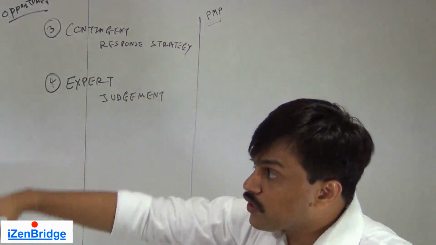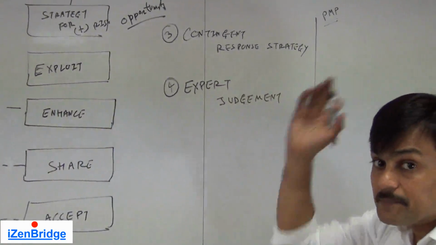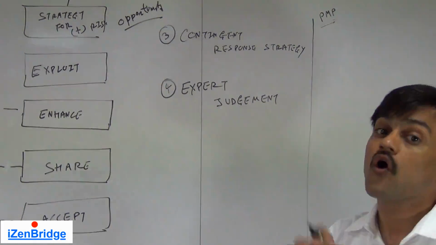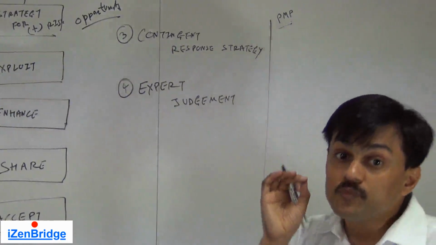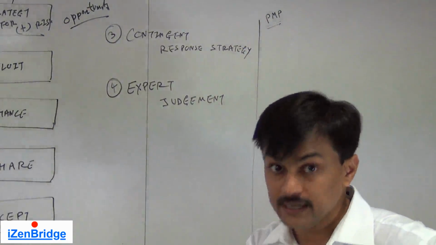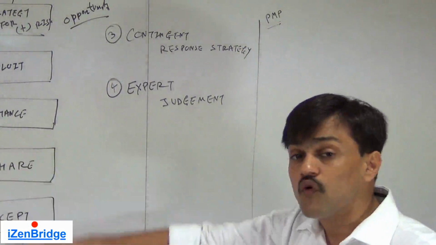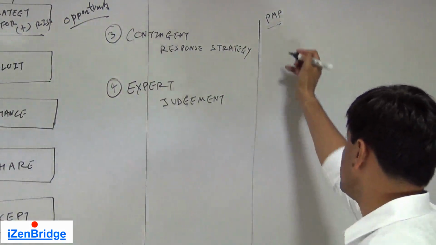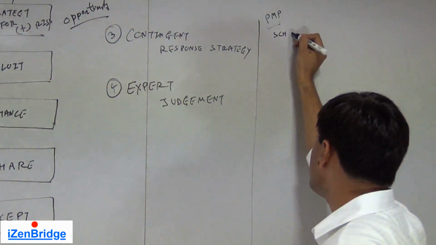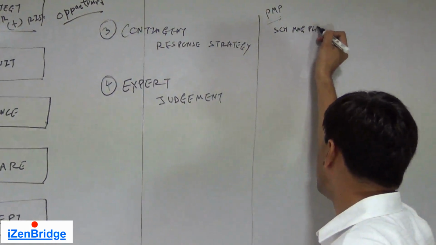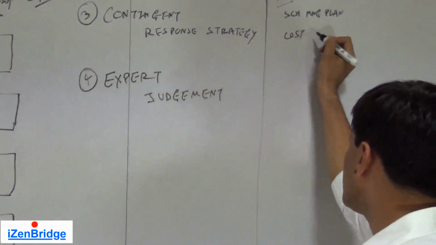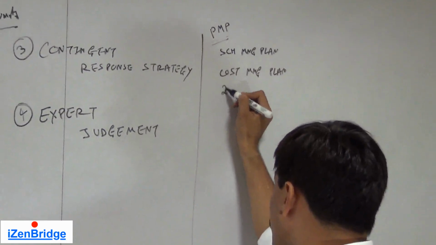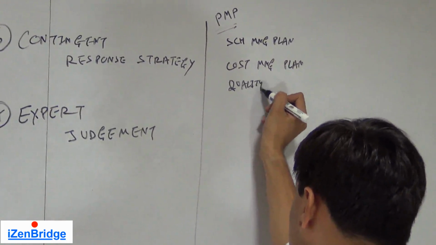Now, when we were doing all this, it may happen that our approach for managing time, cost, quality, human resource, and procurement gets changed on the basis of all this analysis. And if that gets changed, we need to change our schedule management plan, our cost management plan, our quality management plan.